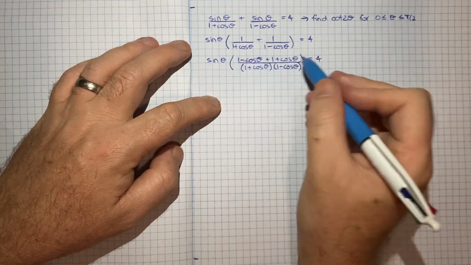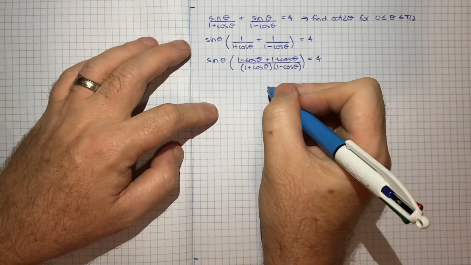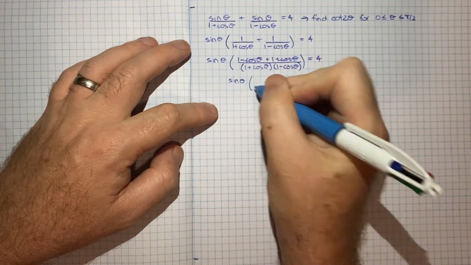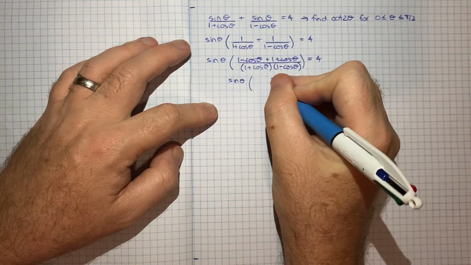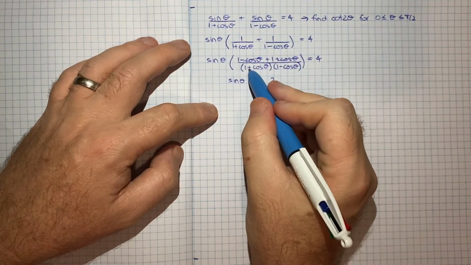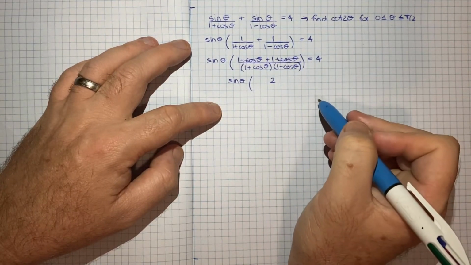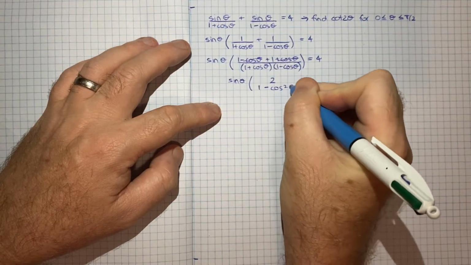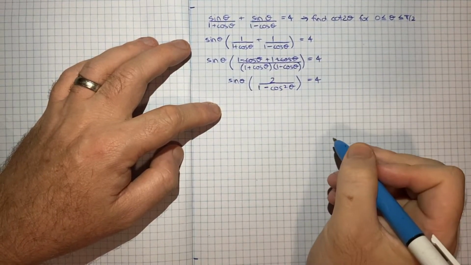This minus cos theta and plus cos theta will cancel, and so this will then become sine theta times the 1 plus 1 in the numerator becomes 2, and 1 plus cos theta times 1 minus cos theta is a difference of 2 squares, so it will be 1 minus cos squared theta, and that's still equal to 4.